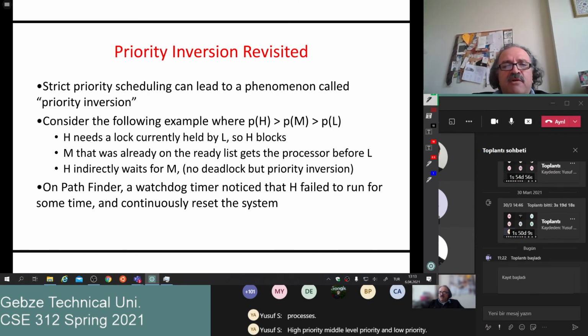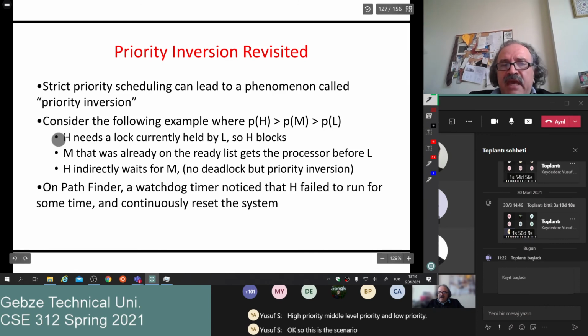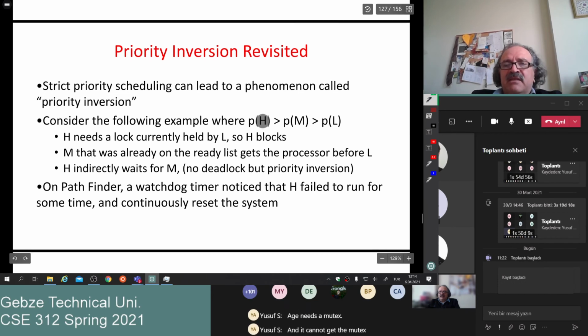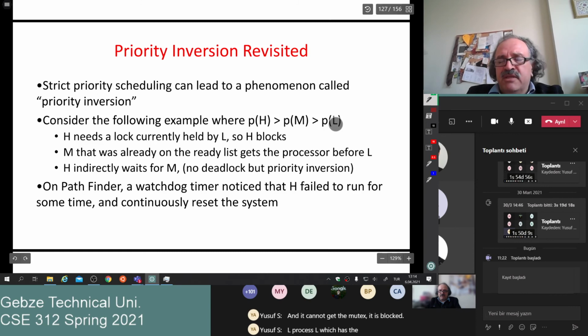So this is the scenario. H needs a lock currently held by L, so H blocks. H needs a mutex and it cannot get the mutex, it is blocked. Process L, which has the lowest priority, holds the lock. It is in the critical section.